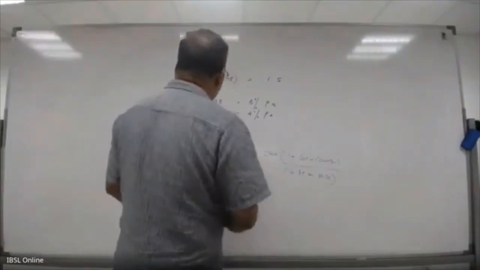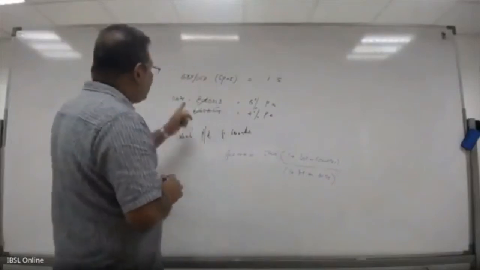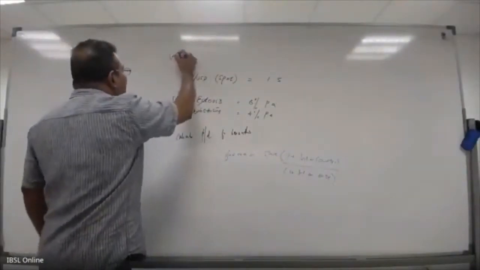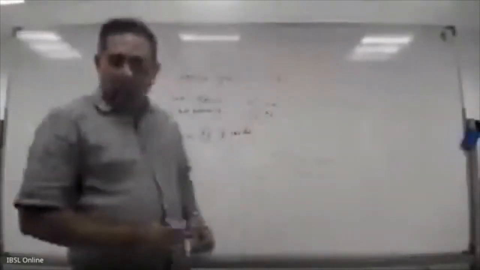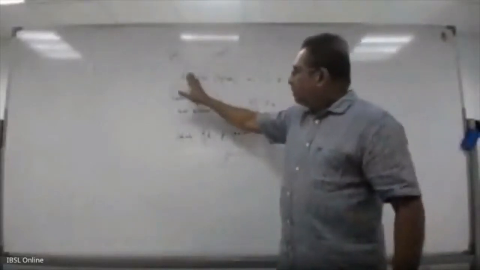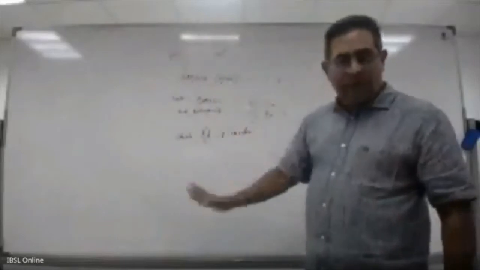Now, when I say GBP USD, what is the base rate? This is the base currency. What is the counter currency? This one. I said in an exchange rate, the left-hand side currency is the base and the right-hand side currency is the counter all the time.